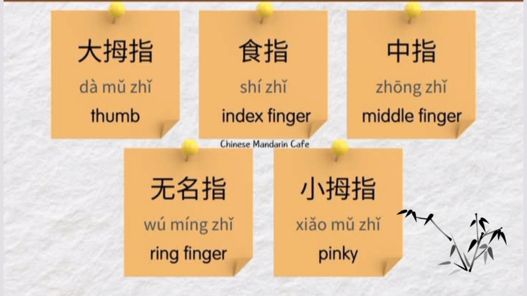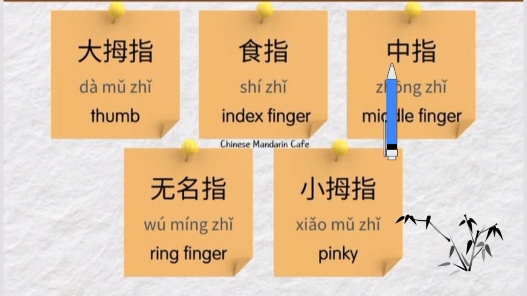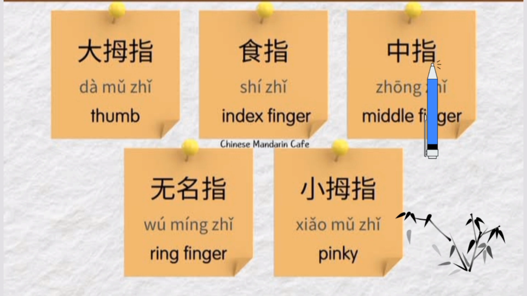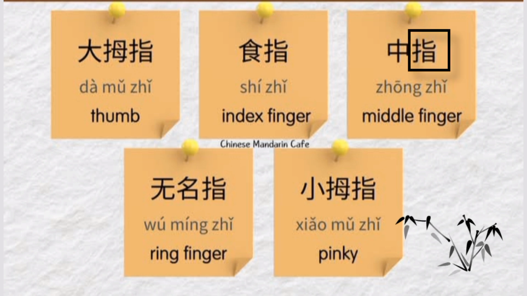Next we have middle finger, which in Chinese can be pronounced as 中指. Let's practice it again one more time. 中指. Let's explain it in detail. It has two characters, 中指, with different meaning.